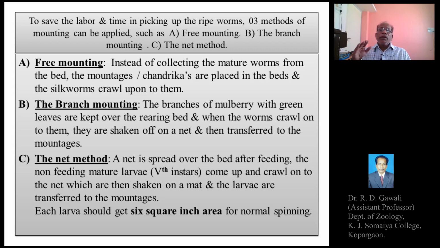So the first method is the pre-mounting method. In the pre-mounting method, instead of collecting the mature worms one by one using chopsticks from the bed, the mountage or chandrikas are directly placed in the feed beds, and the silkworms crawl themselves onto the mountage and get their position or site for the spinning activities.